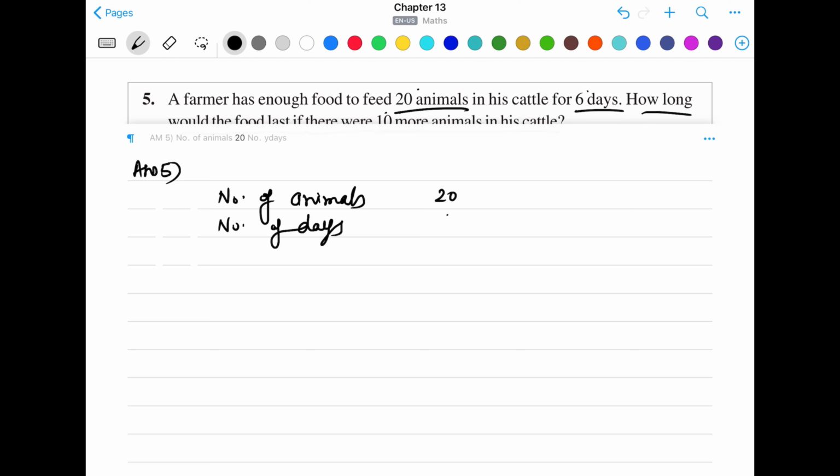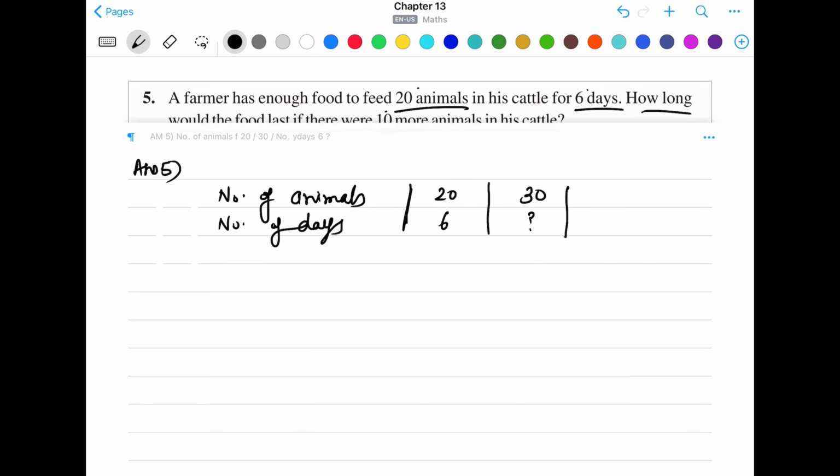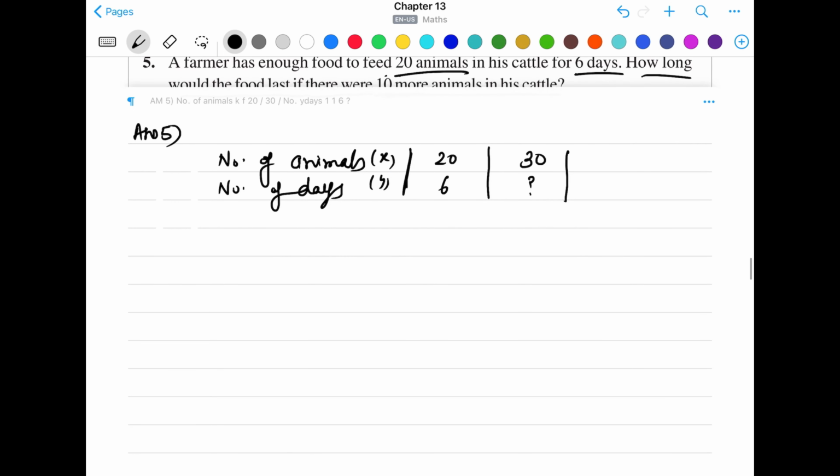So when there are 20 animals, the food is lasting for 6 days. Now we have increased the animals by 10, which means animals will become 30. Now we have to calculate for how many days this food will last. Let's consider these values as x and these values as y. So this is x1, y1 and x2, y2.